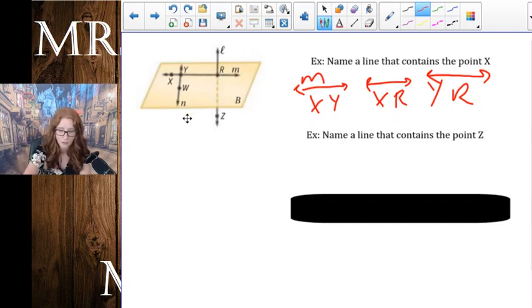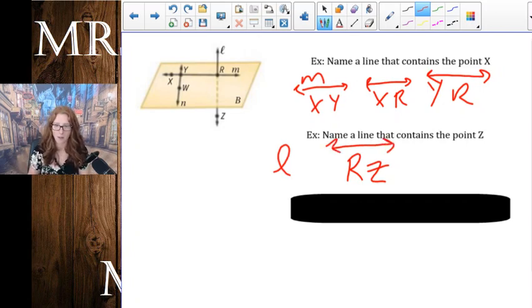I can choose to use the cursive letter L, like I see above at the top here, or I could choose the 2 points of R and Z. With a line, writing them the opposite way, ZR or RZ, doesn't change the line, it's still the same thing. If I had, say, a 3rd point, then I'd have 2 other ways I could also refer to this line.